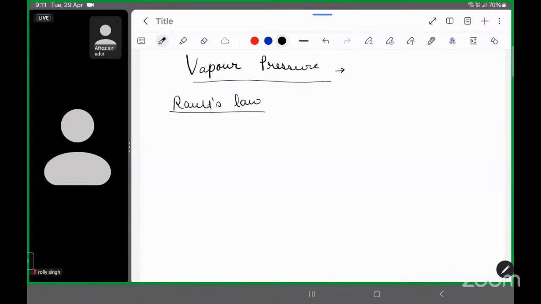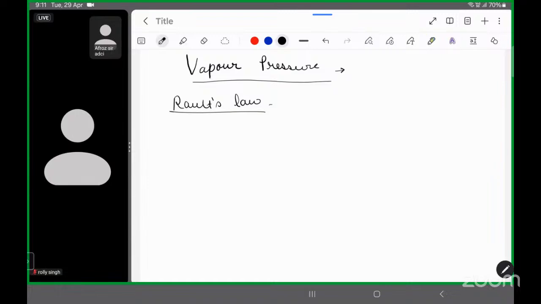What is Raoult's law? Yes, anyone? Did you understand Raoult's law?